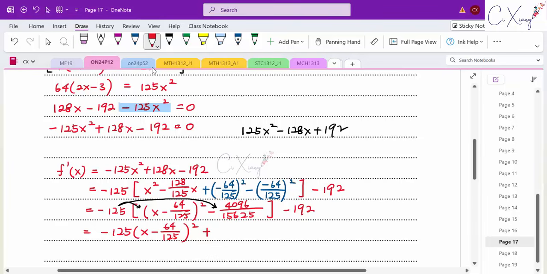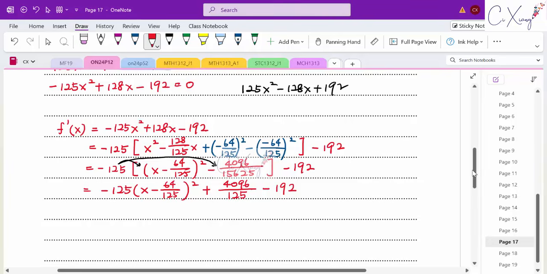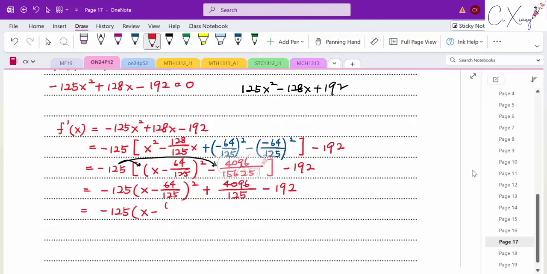Then plus, multiplying these two numbers, you're having 4096 divided by 125. Then minus 192, because I already expanded everything. So you have negative 19904 divided by 125.